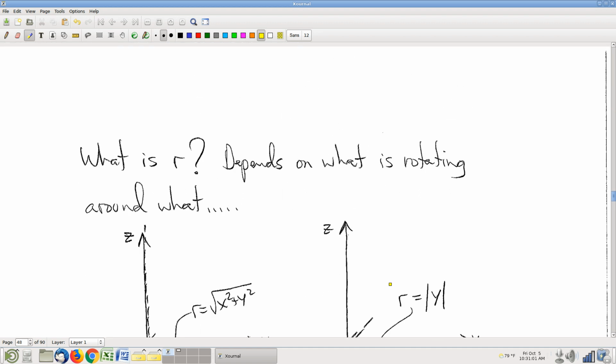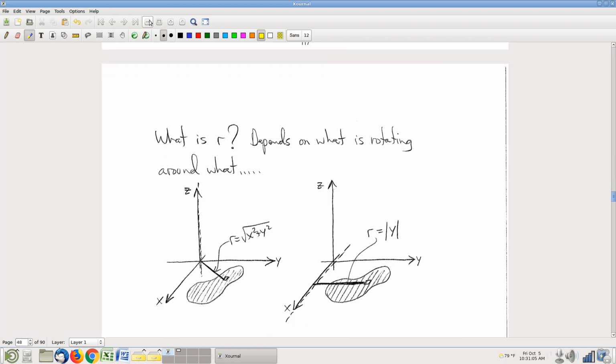Okay, so let's talk about what r is. It depends on what's rotating around what. So, various cases. Let's suppose that you have a two-dimensional region. Again, that's all we really know how to break up anyway. And suppose that it is rotating around the z-axis.